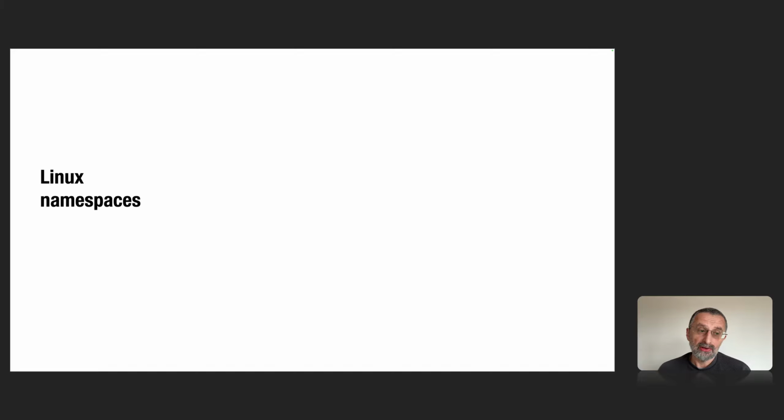And before we continue, in the context of security, it's good to recall the concept of Linux namespaces. I strongly encourage you to read a brief introduction to this concept. You can also ask ChatGPT for that.